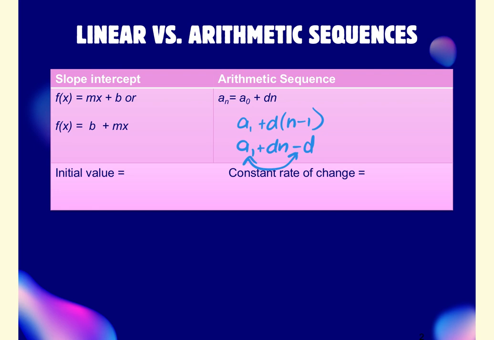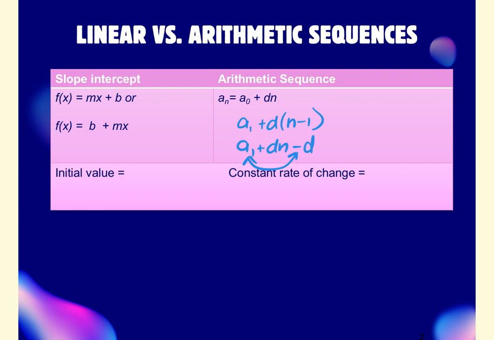That's where that comes from, okay? But either way, what this is basically saying is if I have an arithmetic sequence that starts at a point and increases or decreases by the same amount, it's going to be almost the exact same thing as if I had a line in slope-intercept form.